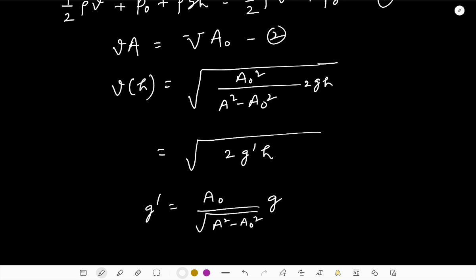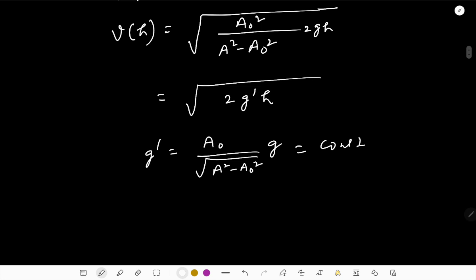Of course, this time vertically downward. And you can see one more feature of this g dash, that nothing changes in it, neither A naught nor A nor g, so everything is constant here, so we can consider it a constant. So we can write here that v is directly proportional to under root h, that the rate of change of height of the liquid surface is proportional to the square root of the height.